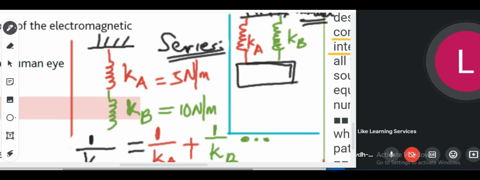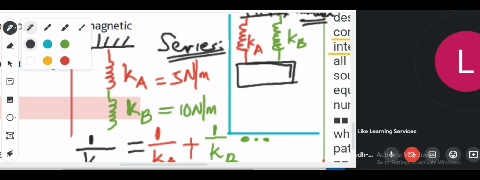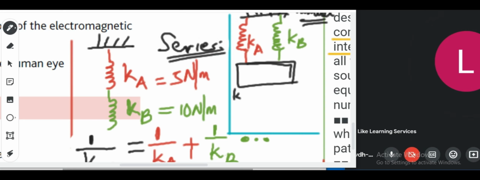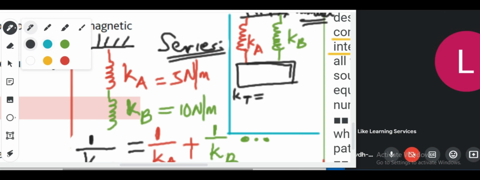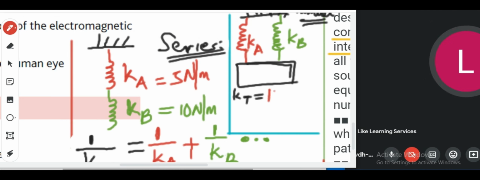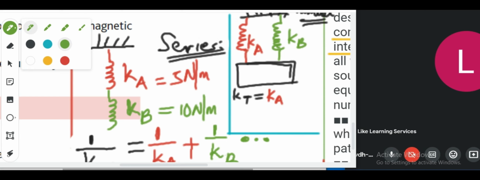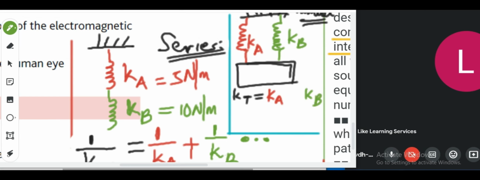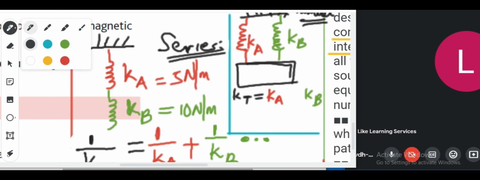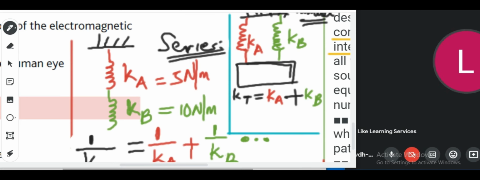The total spring constant for parallel, K total, is just the sum of each of them. So that would be Ka plus Kb, a simple sum.